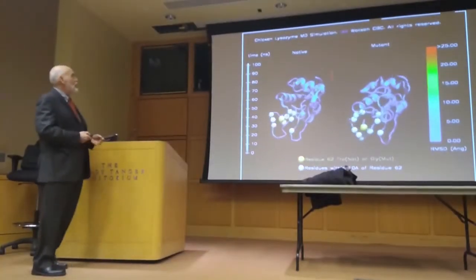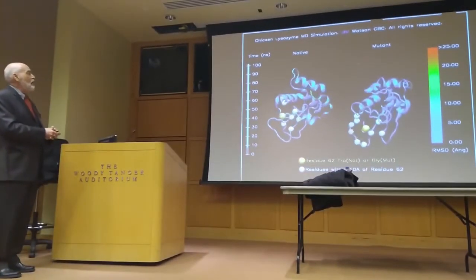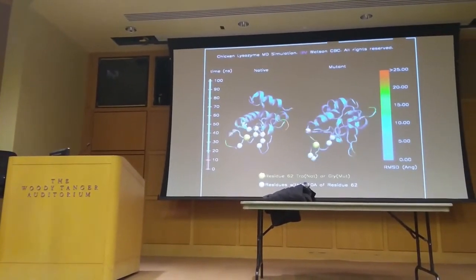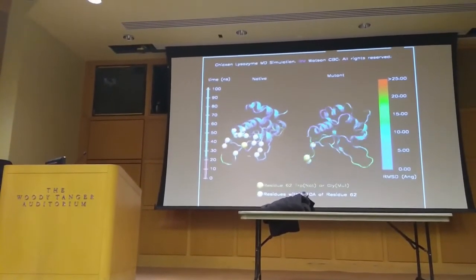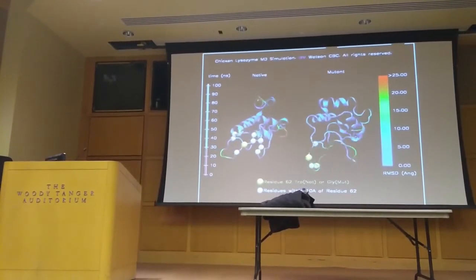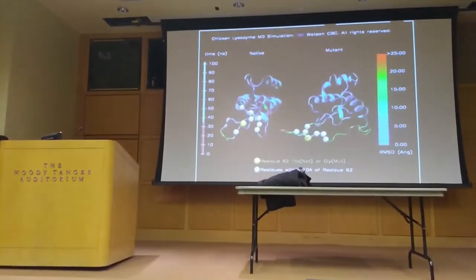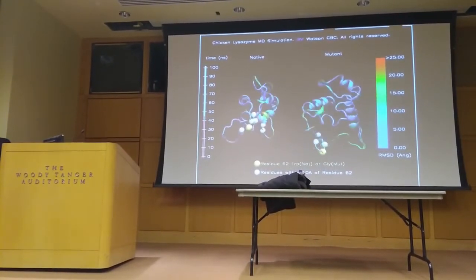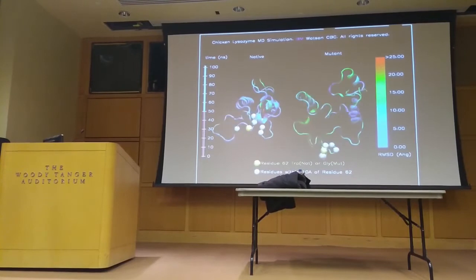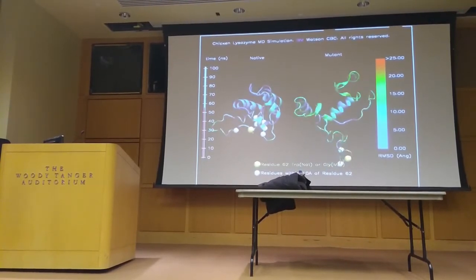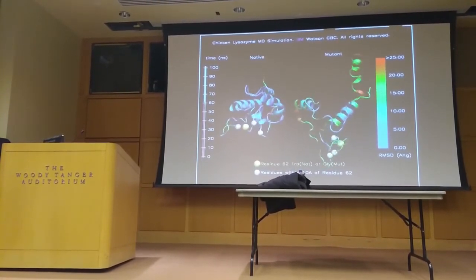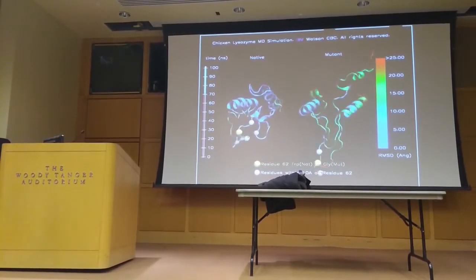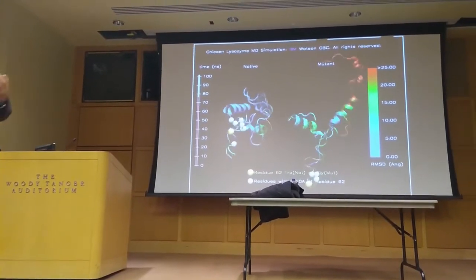Here we have the native structure and the mutant structure, and these are the nearest residues to the mutation. What you see is that in the mutant structure, it does indeed unfold much more rapidly. And we analyzed this and decided that the direct mechanism is the way it does it.